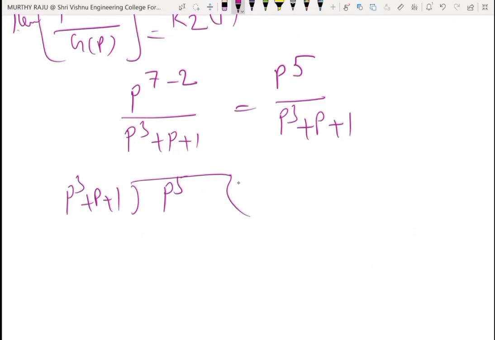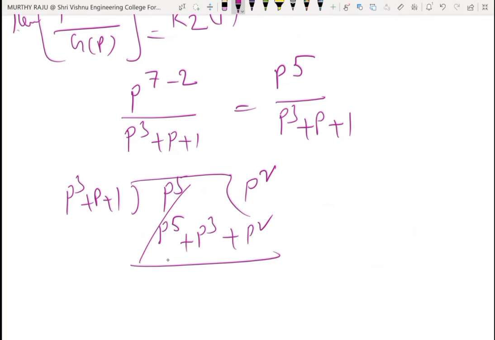Here for P power 5 we use P square. P square is multiplied with P cube plus P plus 1, giving P power 5 plus P cube plus P square. Both P power 5 terms are cancelled. Similar terms are cancelled. The remaining term is P cube plus P square. The degrees are the same: the first remainder degree is the same as the G of P degree, both are 3.